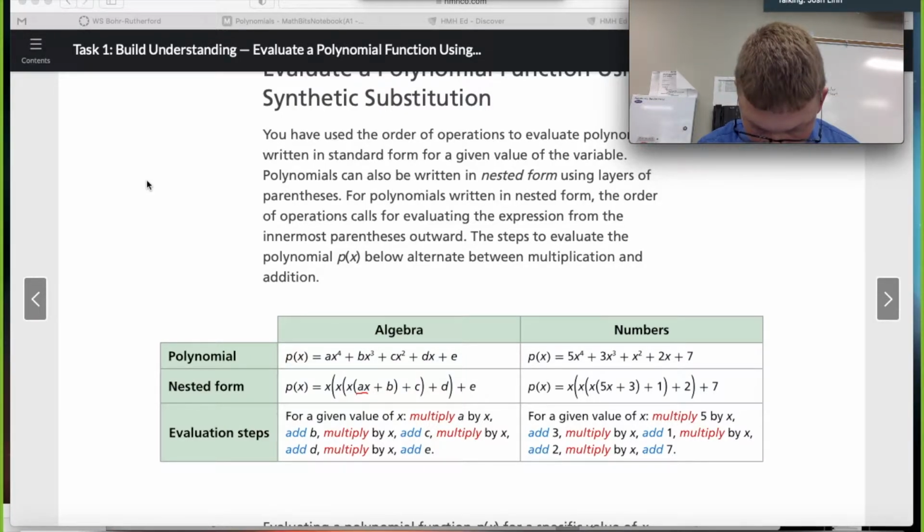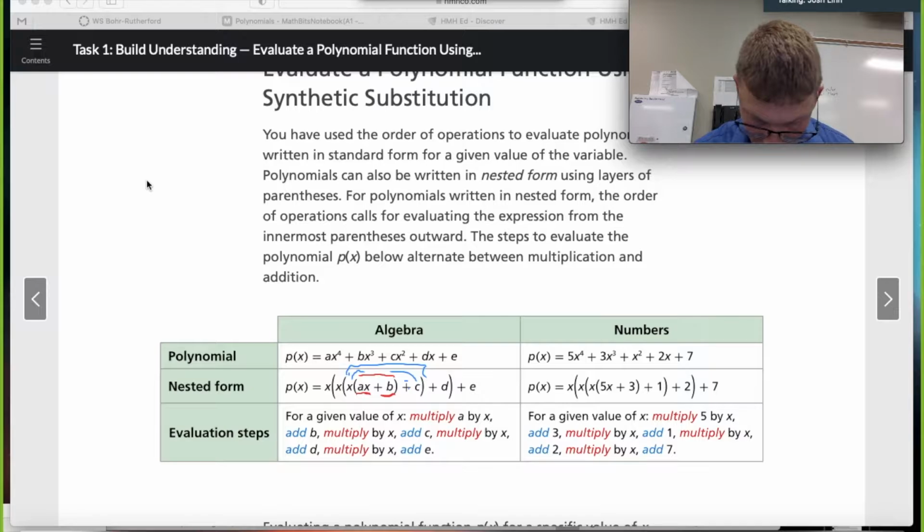So you're going to multiply this first, and you're going to add b, then you're going to have a number for this, and again you're going to multiply it by the x, and then you're going to add the c, and then you will have a blue number.